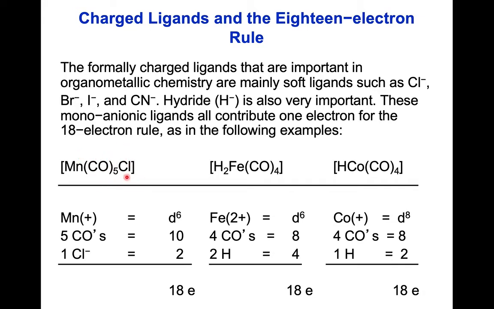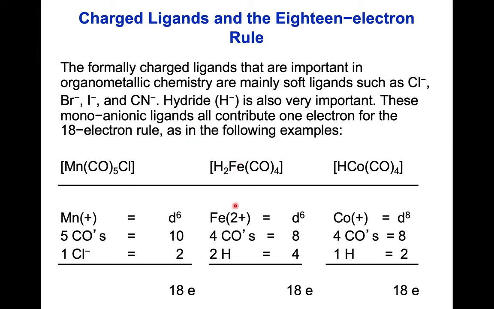This complex has a chloride and a manganese with some charge, and then the COs are neutral. And so this must be manganese +1 to counteract this minus charge from the chloride. So we have a manganese +1 center, which is d6. 5 COs bring 10 electrons, and then 1 Cl minus brings 2 electrons for a total of 18 electrons.